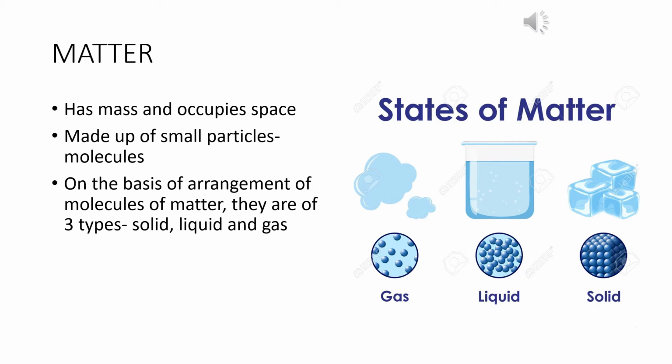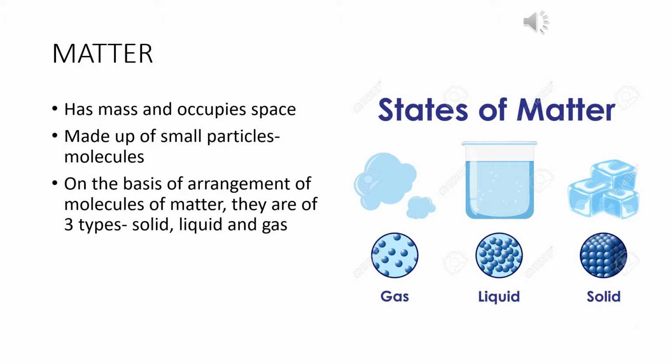A table is matter because it has mass and occupies space. A chair is matter because it has mass and occupies space. So all of these are called matter. Just like if you take a liter of oil, it has mass and also occupies space, so it is also matter.